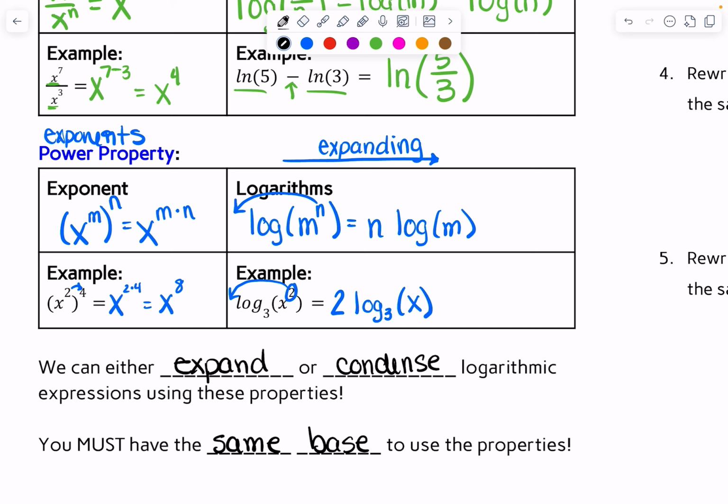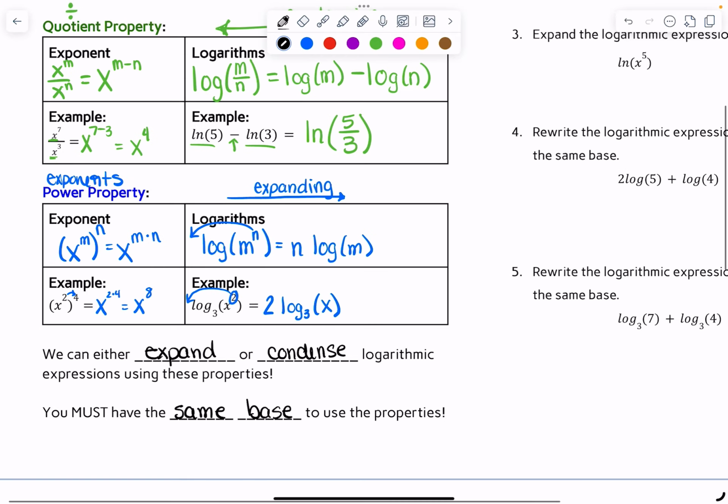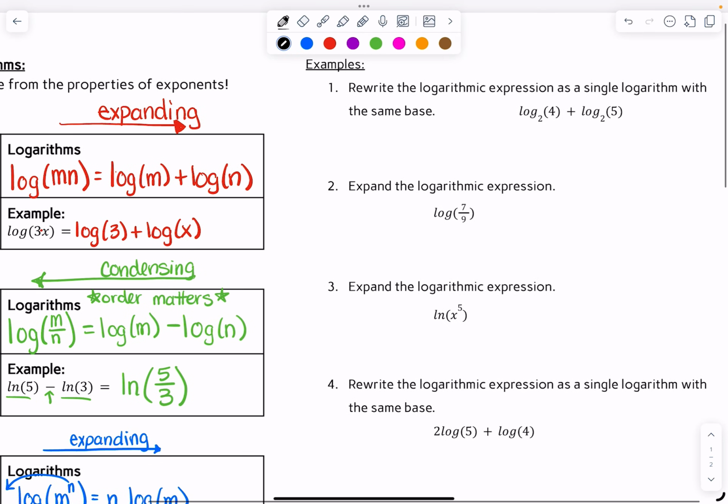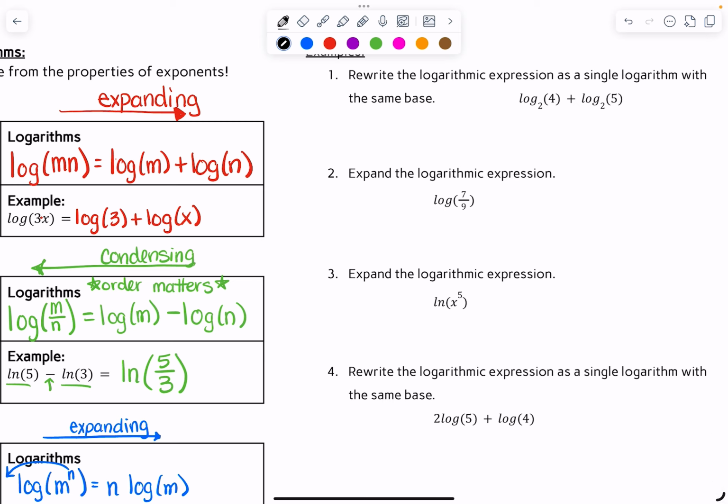Let's look at some examples over on the right side here using these properties. Our first example is asking us to rewrite the logarithmic expression as a single logarithm with the same base. When it's asking us for a single logarithm, it is asking us to condense this current expression.